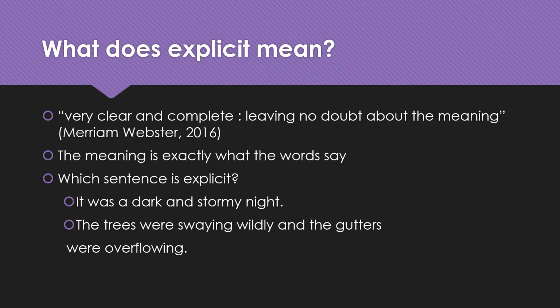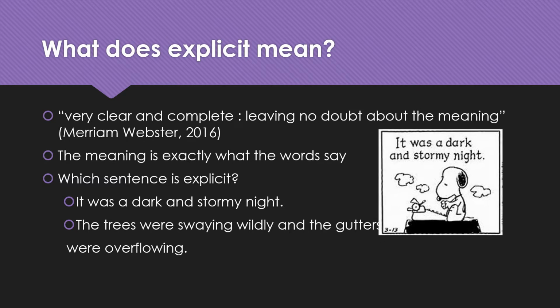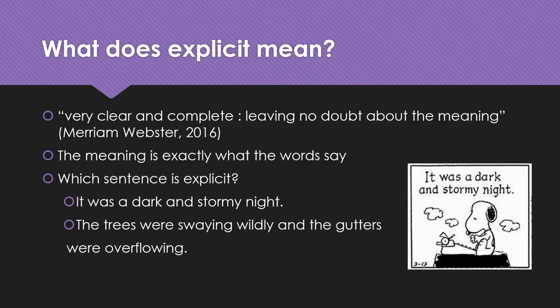Which one shows the meaning is exactly what the words say? I have a friend to come help us with the answer. Snoopy is telling us the right answer. It was a dark and stormy night. The words are saying exactly the meaning.